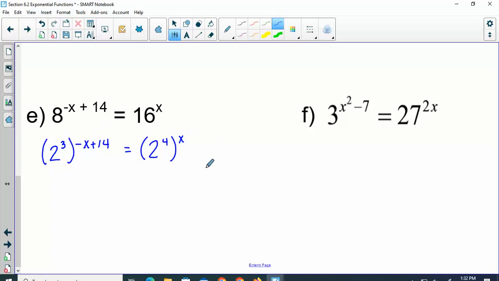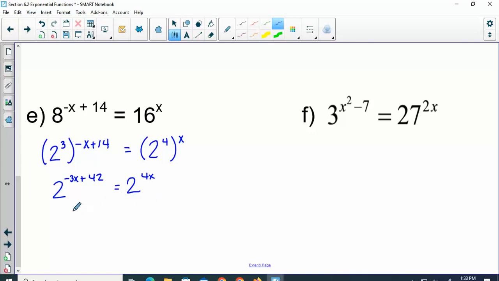Now we can't drop these bases yet. Exponent rules: if you have a power to a power, what do we have to do? Times them. So that gives me a negative 3x minus 42 equals 2 to the 4x.